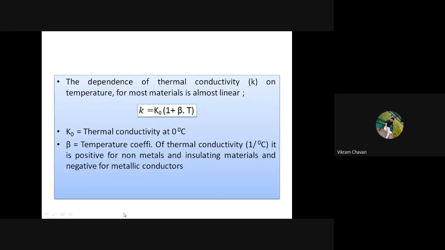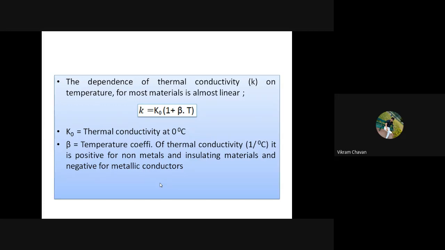So here K naught is equal to thermal conductivity at 0 degree Celsius, and beta is equal to temperature coefficient of thermal conductivity.